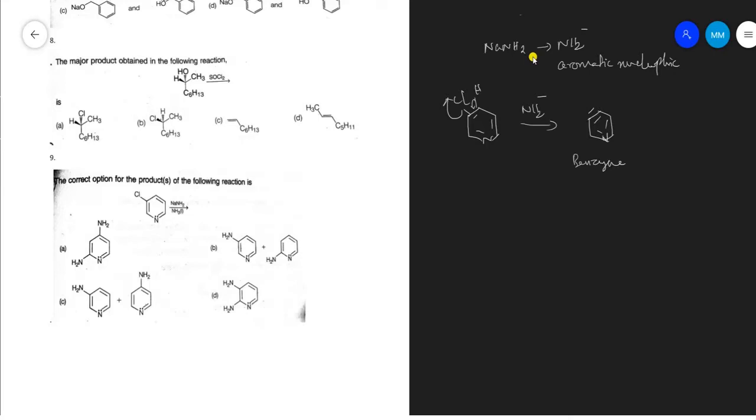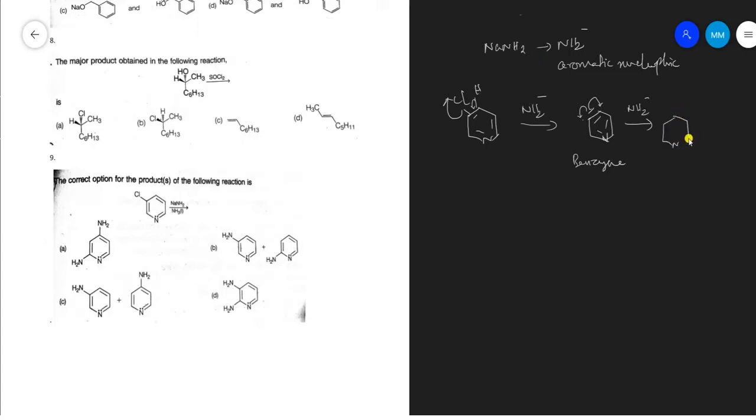So by means of this NH2 minus, the H plus is converted into NH3. Okay. Then in the presence of liquid ammonia, the NH2 minus now substitutes. It may substitute either in this place or in this place. This is because the electron moves here or the electron moves here.